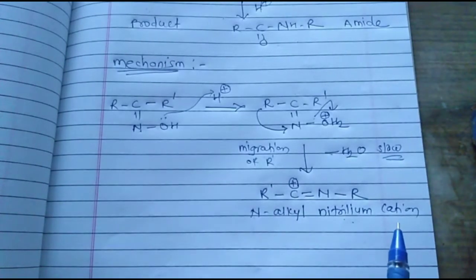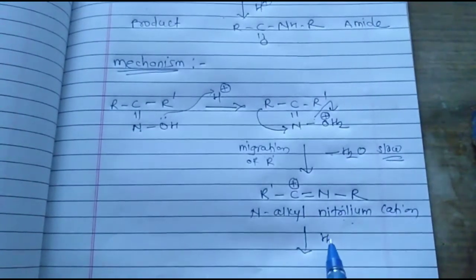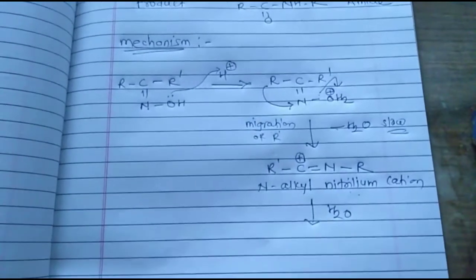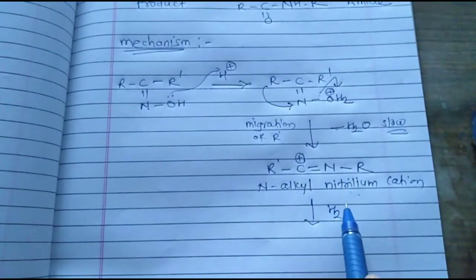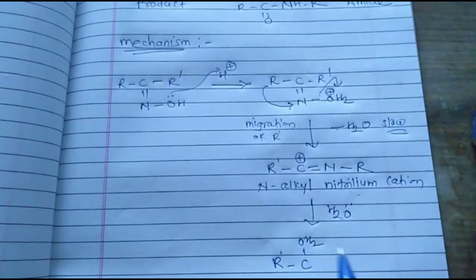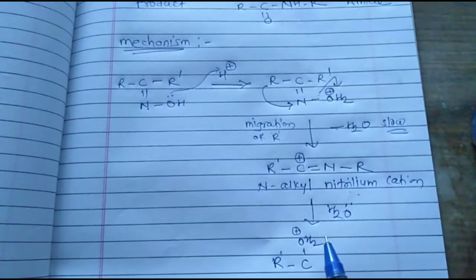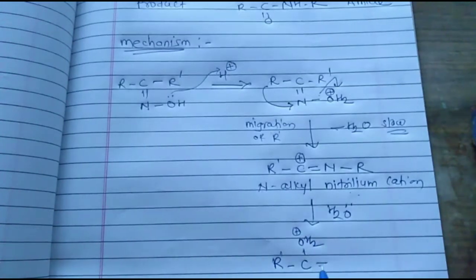After that, by the addition of a water molecule, the lone pair of the water is attracted by this cation, and there is a formation of a compound with C and OH2. By donation of its electrons to this carbon, this oxygen becomes positively charged, and here is our remaining group.